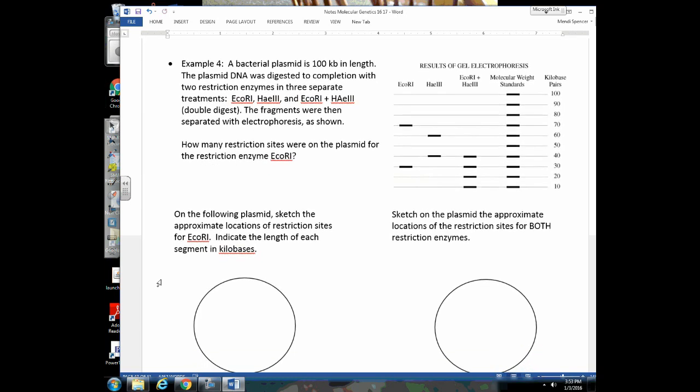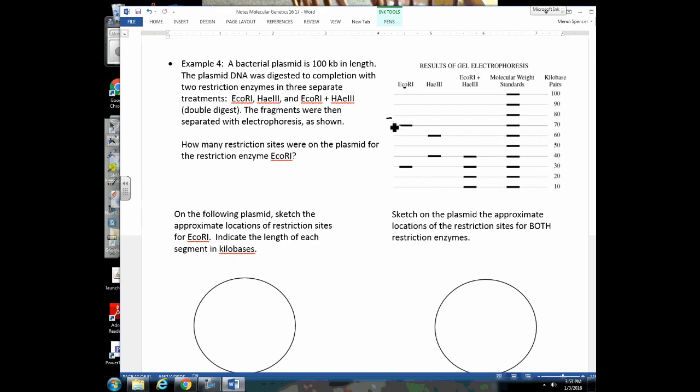Now this next problem, make sure that you understand how to read a gel electrophoresis, and that's coming up in another lecture. So I'm introducing a little bit about gel electrophoresis here with this plasmid question. What this gel is showing us is that if you cut DNA with EcoRI, it's going to cut it into two segments.